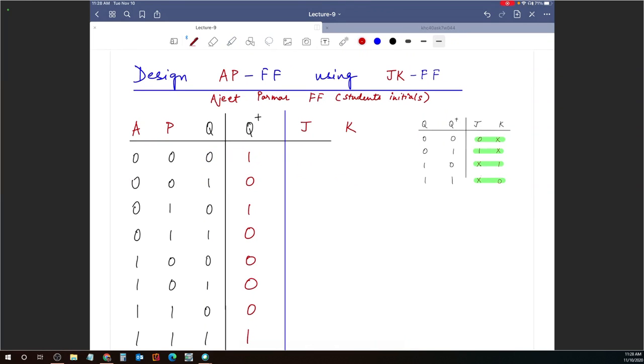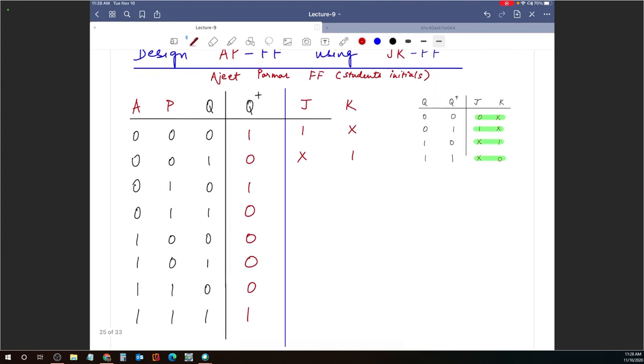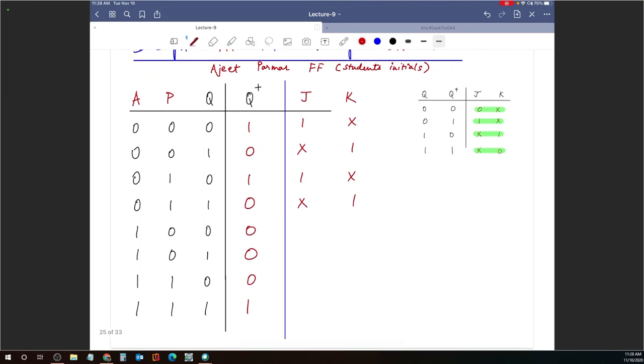So 0 to 1, 1x. 1 to 0, x1. 0 to 1, again 1x. 1 to 0, again x1. 0 to 0 is 0x. 0 to 1. 0 to 0, 0x. 1 to 0 is x1. 0 to 0 is 0x. 1 to 1 is x0.